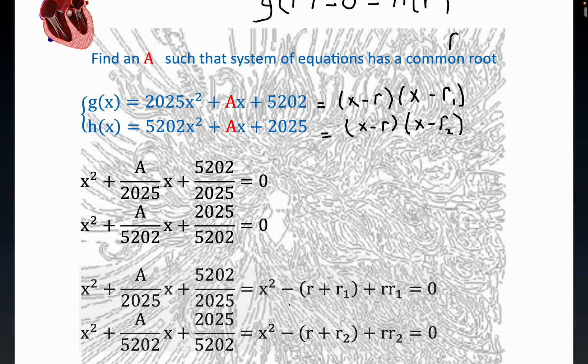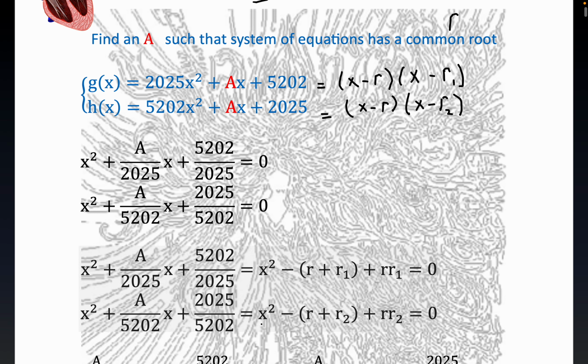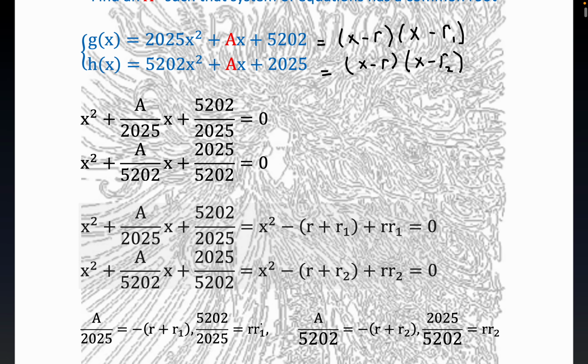Then, based on these assignments for our roots or zeros, we get this statement here. When you expand this out, the minus sign hangs around right here. Notice we have r1, r2, and so on right below it. So we get to this situation where we can actually equate coefficients.